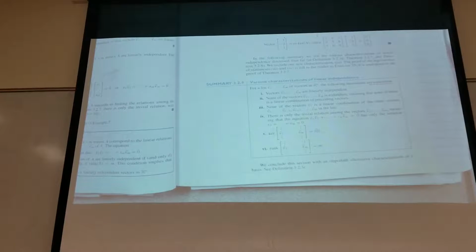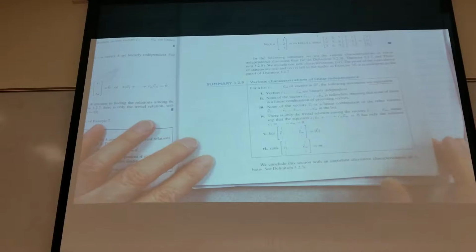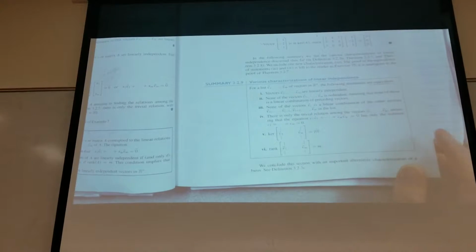So it turns out these two are equivalent: being a linear combination of the previous ones is equivalent to being a linear combination of all other vectors. So it requires some argument, but it's not too difficult to see why this is true.